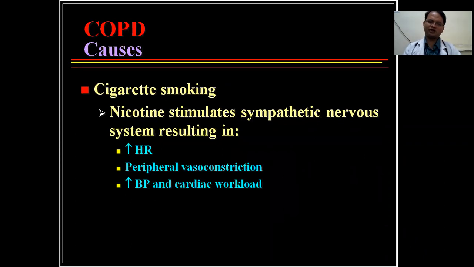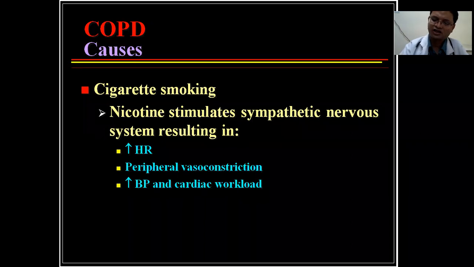With cigarette smoking, the nicotine stimulates the sympathetic nervous system, and it results in an increase in the heart rate and blood pressure, and this leads to peripheral vasoconstriction, and the workload on the heart increases.